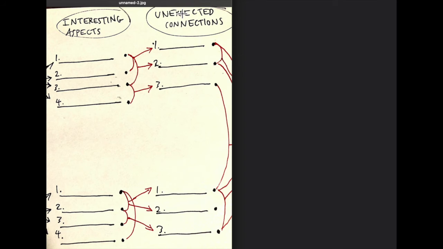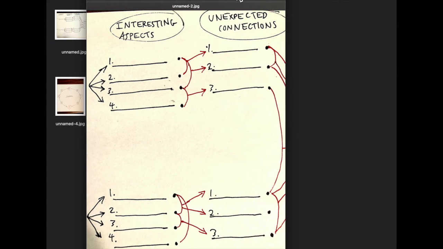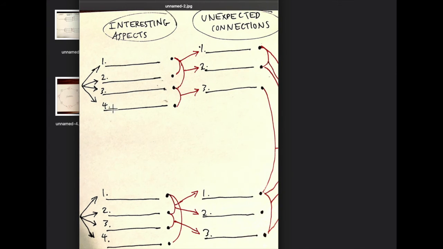Then we have our 4 interesting aspects listed for each interest. Now what we want to do is rather similar to the first exercise of squaring. You want to take any 2 of these 4, and you don't have to connect them with a line literally like I've done here, but find an unexpected connection between these 2 aspects, and then write it down.